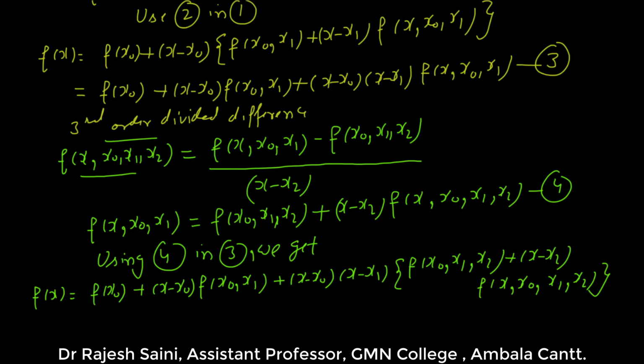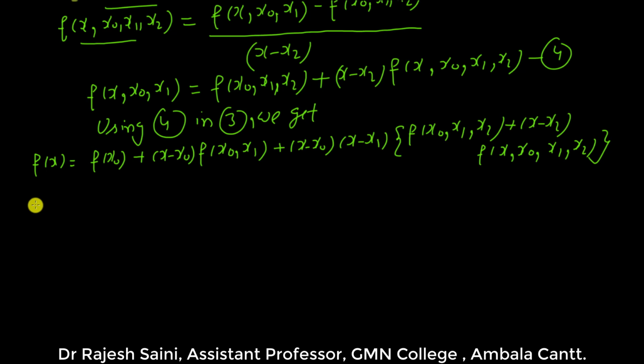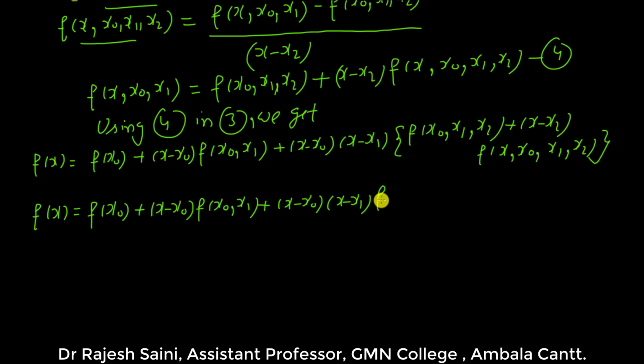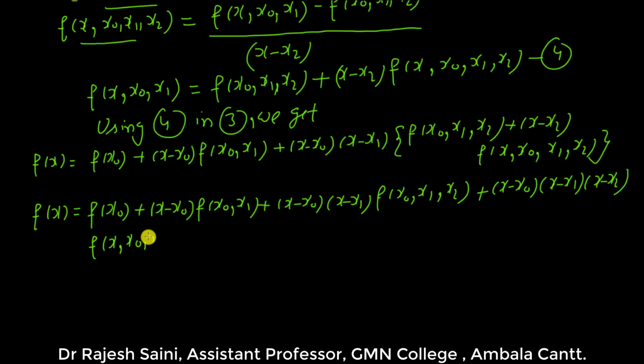Now you will multiply this inside and get f of x is equal to f of x naught plus x minus x naught f of x naught, x1 plus x minus x naught, x minus x1 f of x naught, x1, x2 plus x minus x naught, x minus x1, x minus x2 f of x, x naught, x1, x2.